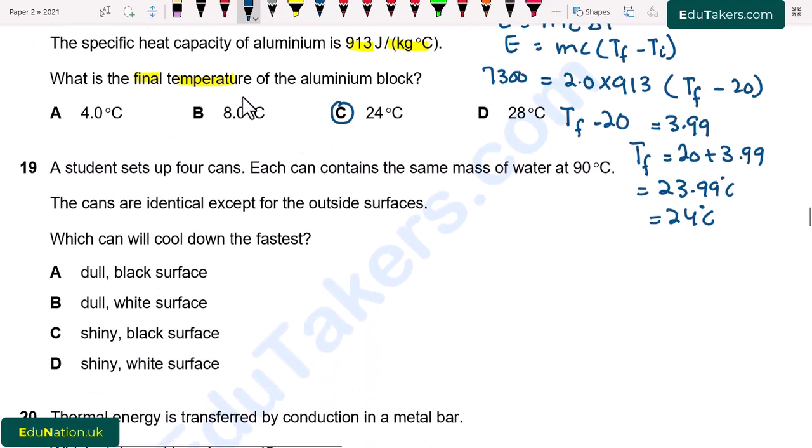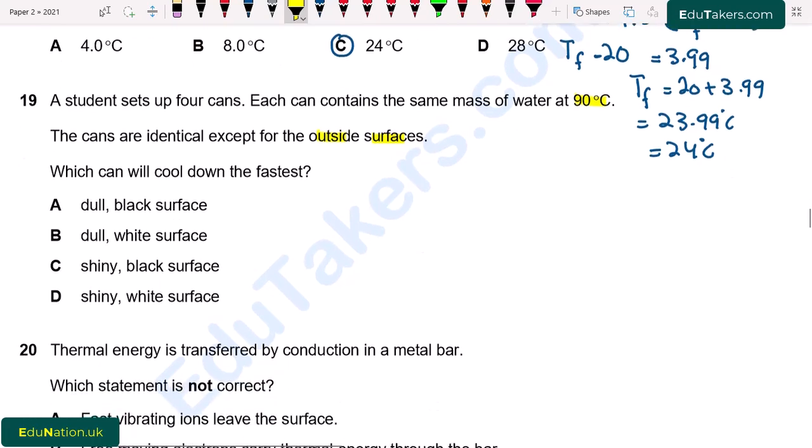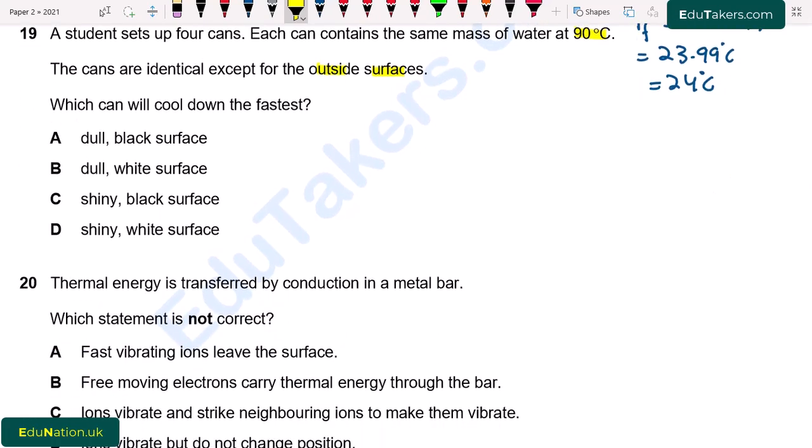Question number 19. A student sets up 4 cans. Each can contains the same mass of water at 90 degrees C. So the temperature of each can is the same. The cans are identical except for outside surfaces. Which can will cool down the fastest?